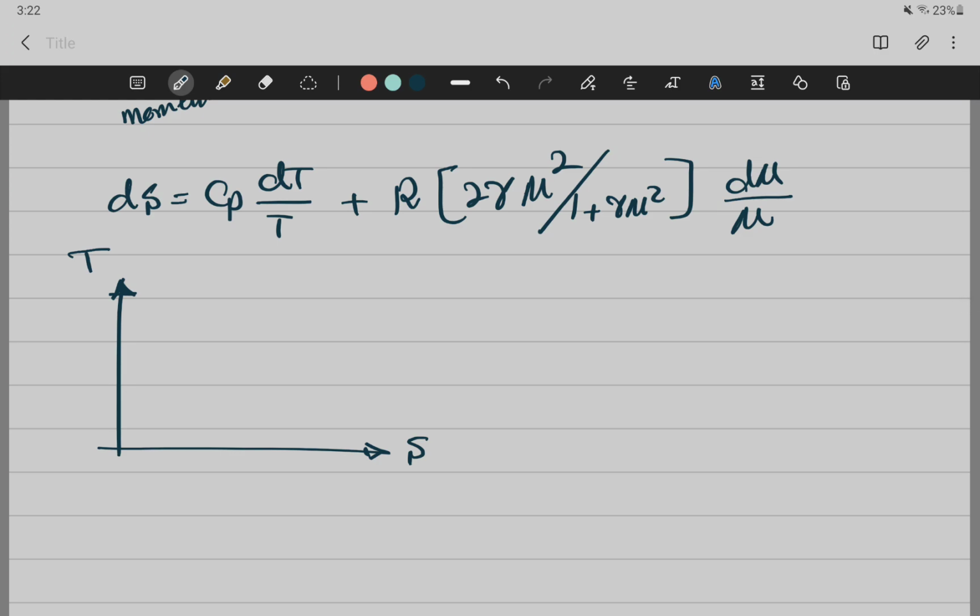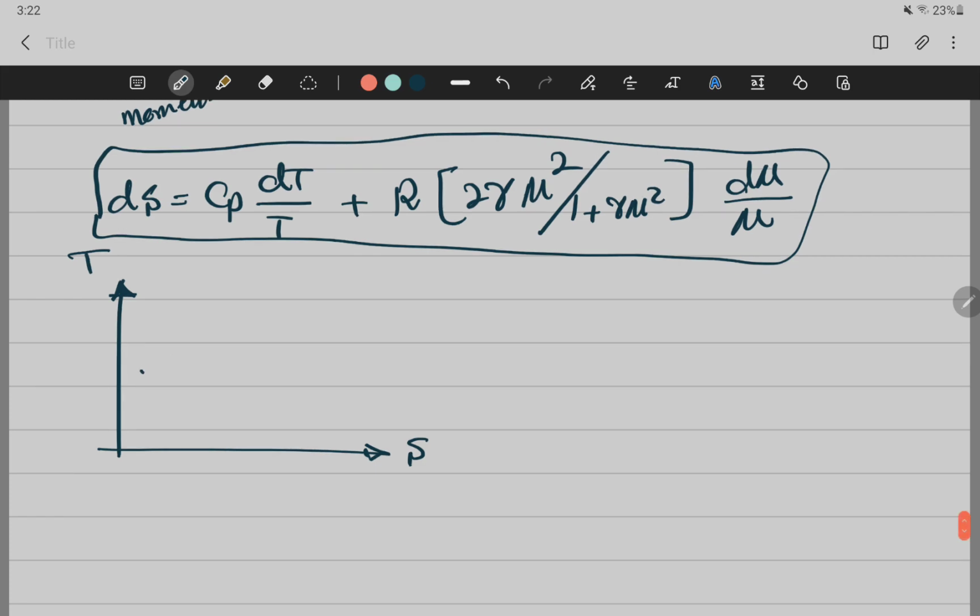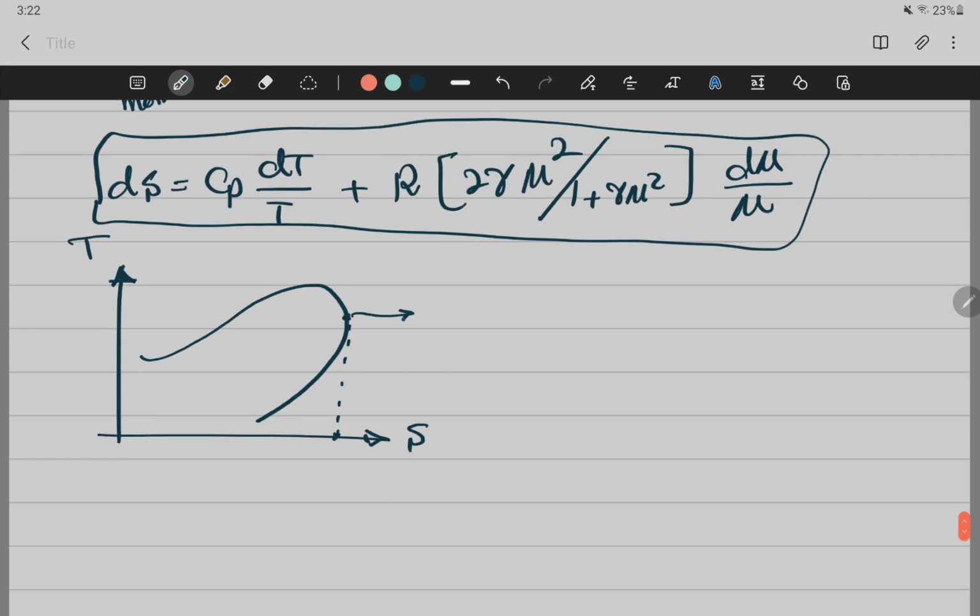If you want to plot this relationship, this is what you are going to get. This represents the maximum value of entropy, which is the sonic condition, M equals 1, or the star condition, right? And then this is going to be the maximum value of temperature, where dT divided by ds is 0, because it's just this line.